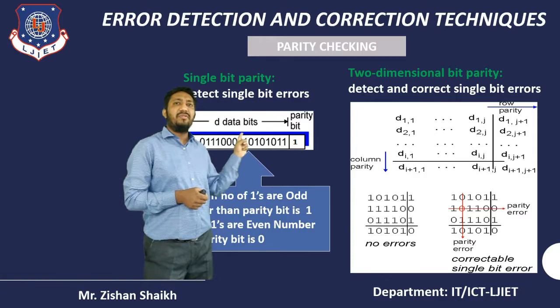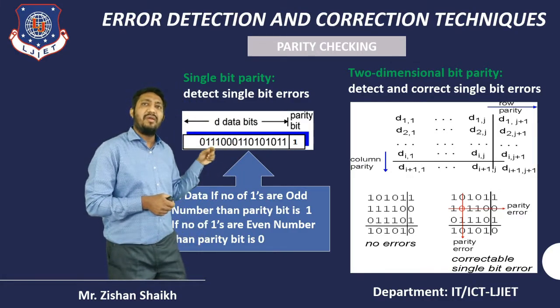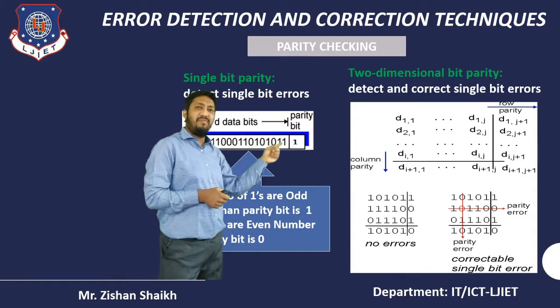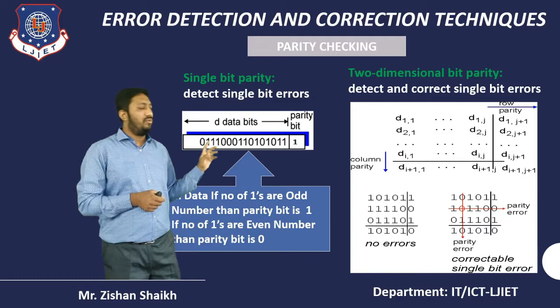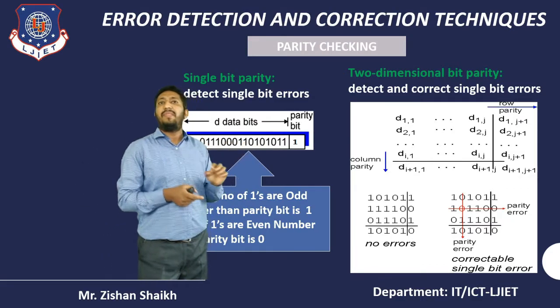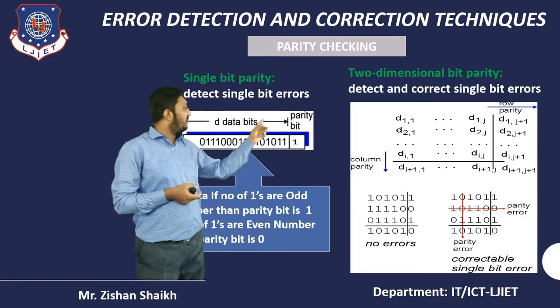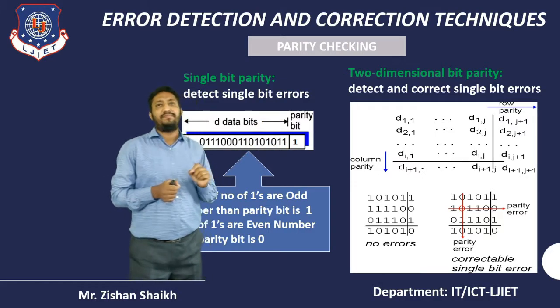If the number of ones is even, the parity bit will be 0. In this example, the ones occur 9 times, an odd number, so we add the parity bit 1 at the end.